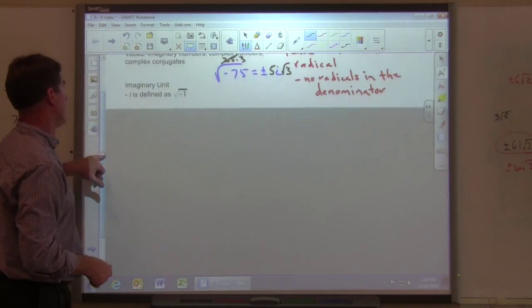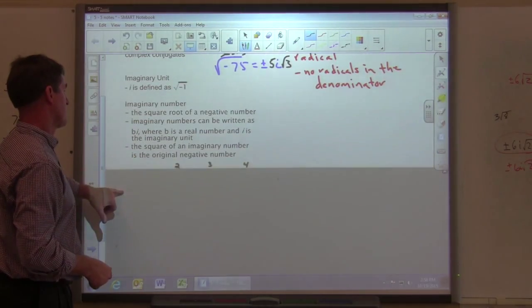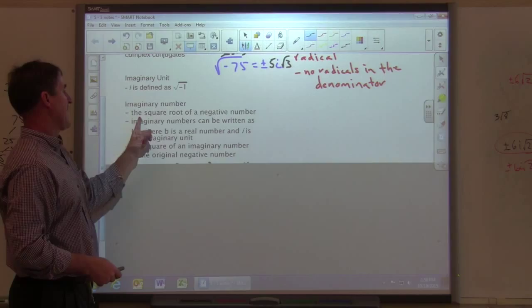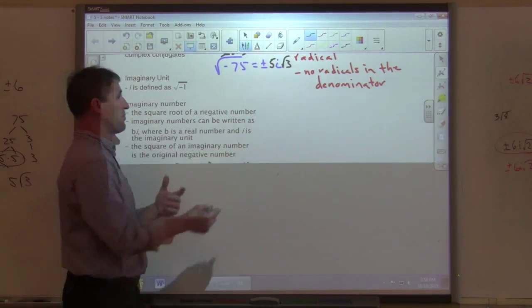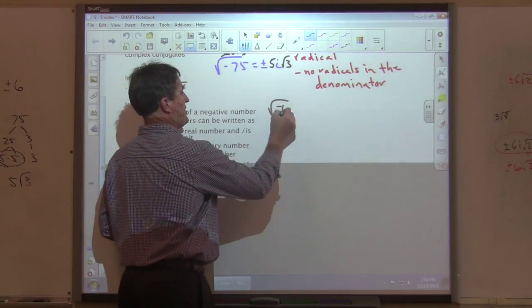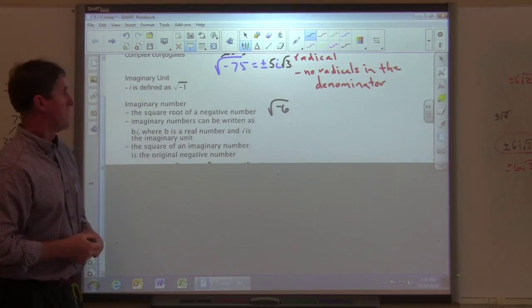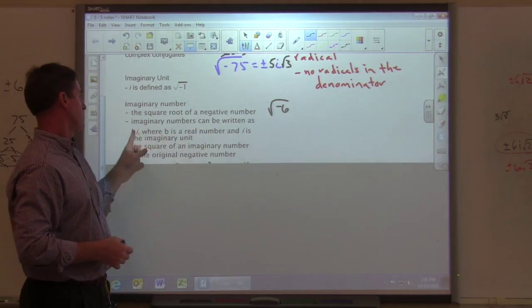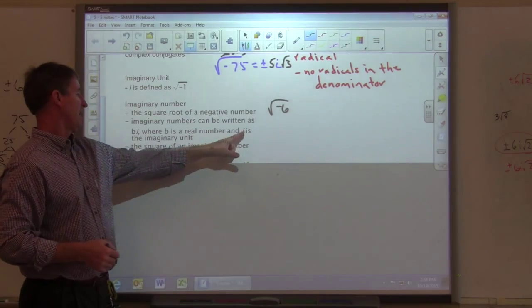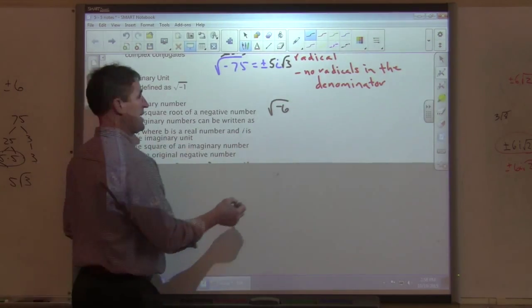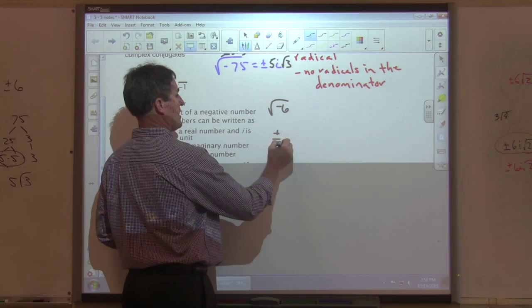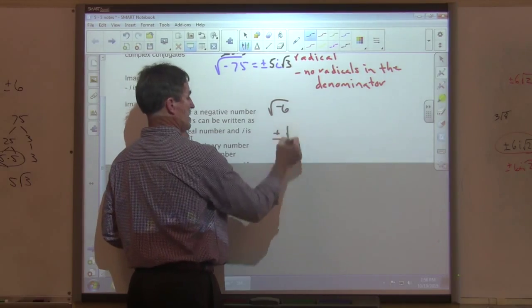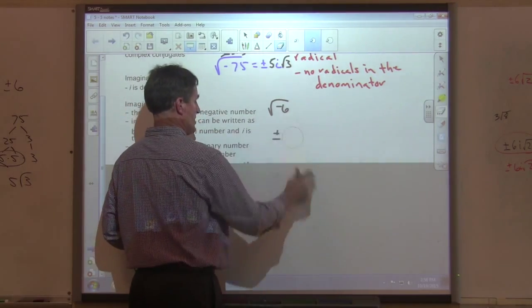Then, imaginary numbers. An imaginary number is the square root of a negative number. So the square root of negative 6. Imaginary numbers can be written as bi, where b is the real number and I is the imaginary unit. So in this case, it would become plus or minus I square root of 6.